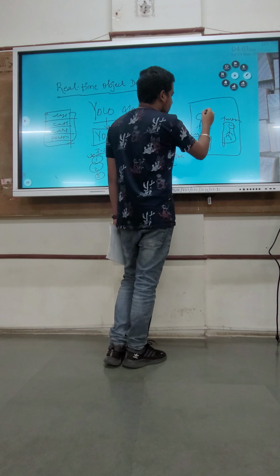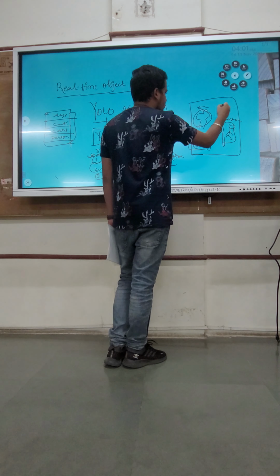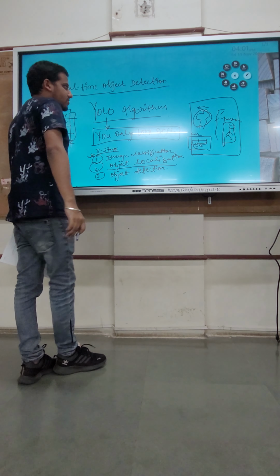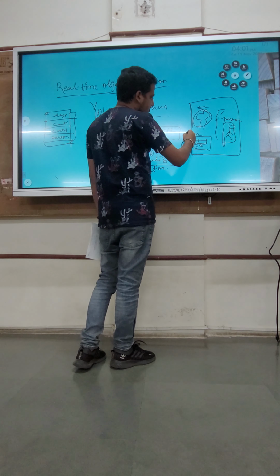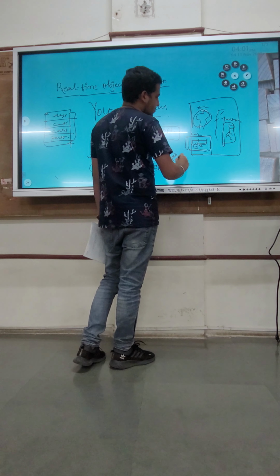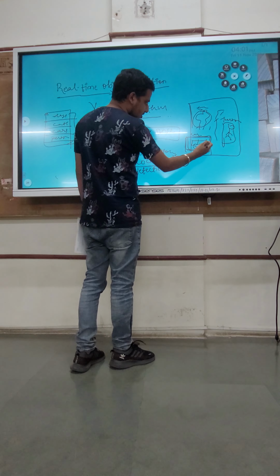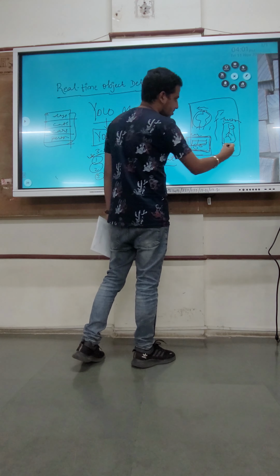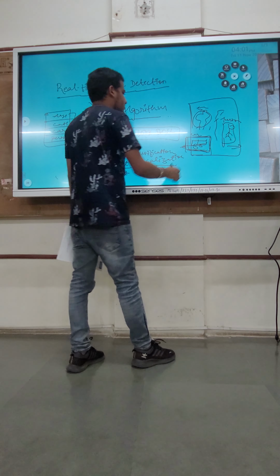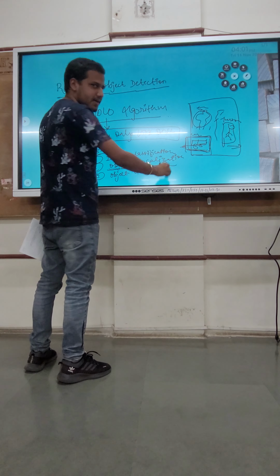In this particular frame of the picture, where is the object located, at what position, what is the matrix of that image? It is located in the center, or in the right corner or left corner. This is object localization.